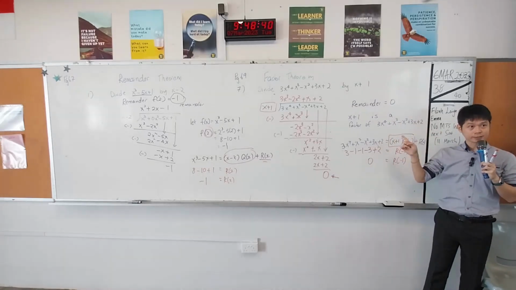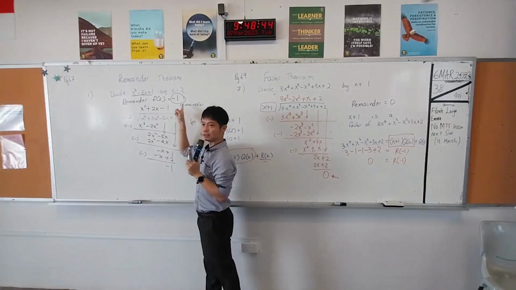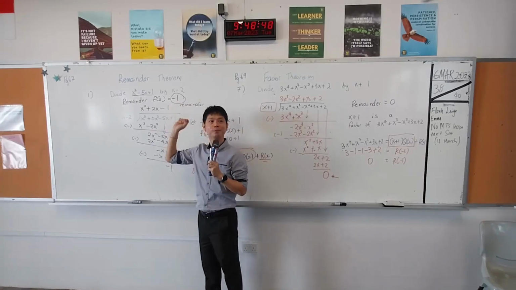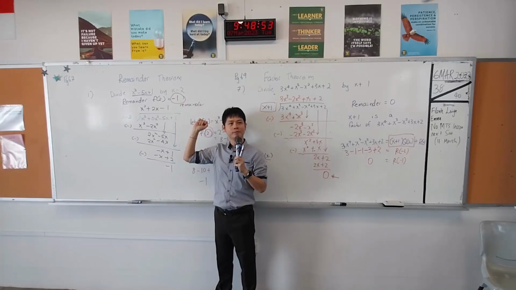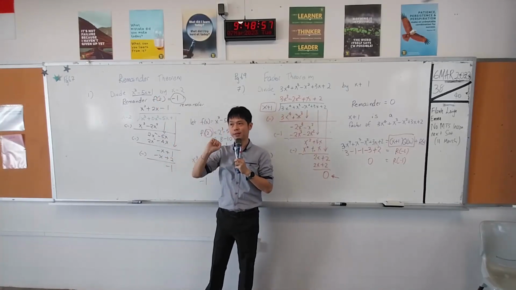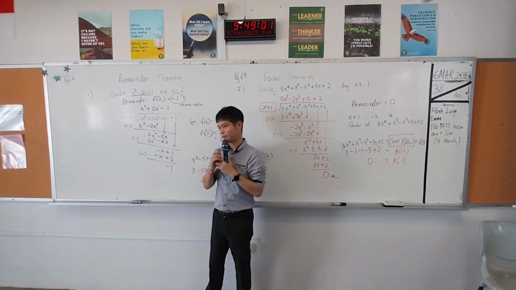The divisor is a factor. If the remainder is not 0, it's called the remainder theorem. The number there is the remainder, and the divisor is not a factor. It gives us a remainder. All right, so that's the remainder and factor theorem.